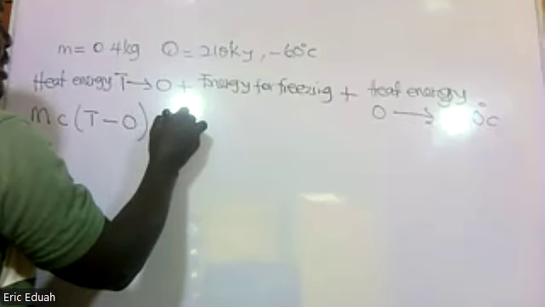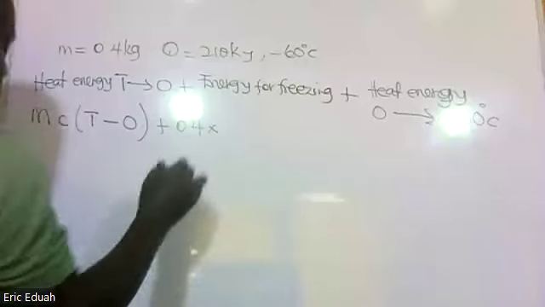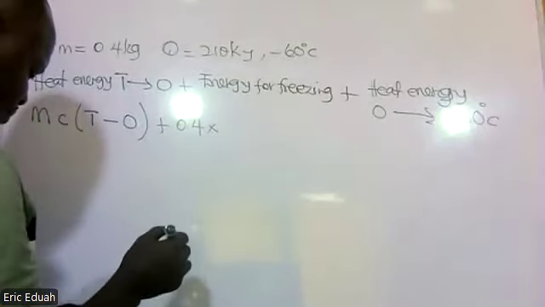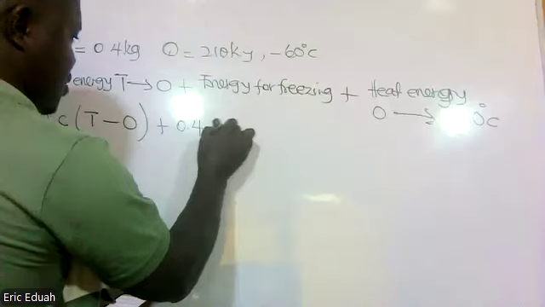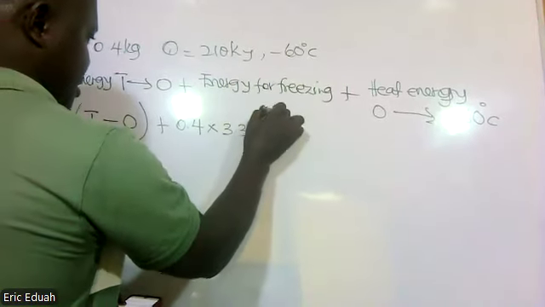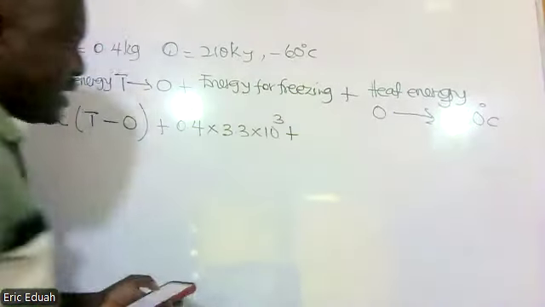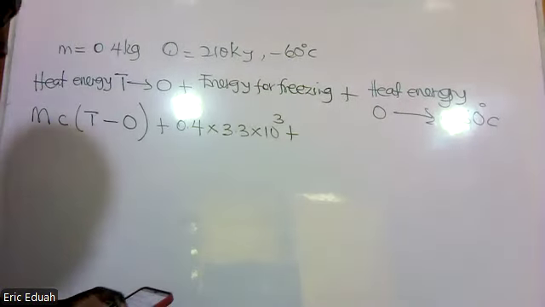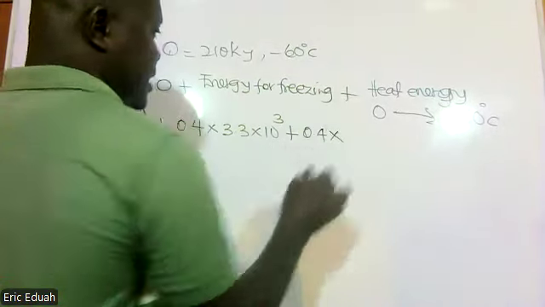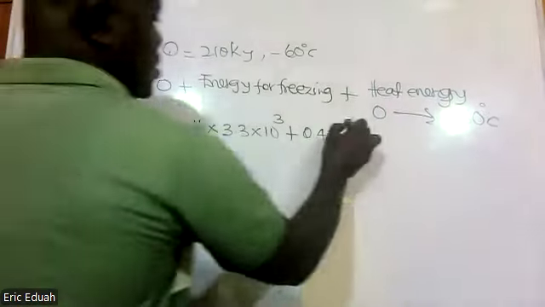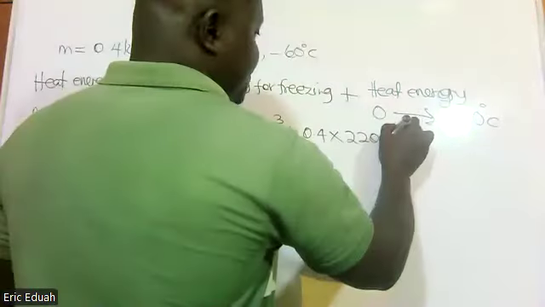Then the latent heat of fusion, 0.4 times 33, a specific latent heat of fusion of ice. Then plus the heat energy given out by the substance to fall, so 0.4 times the specific heat capacity of ice, 2,200 times the change in temperature.